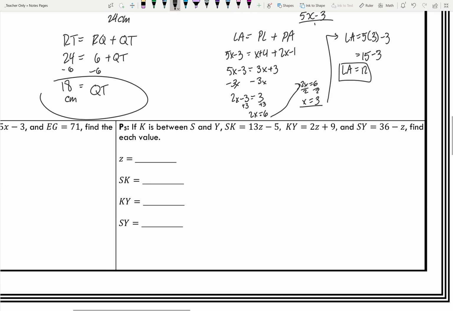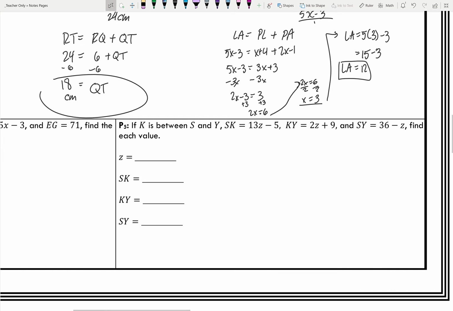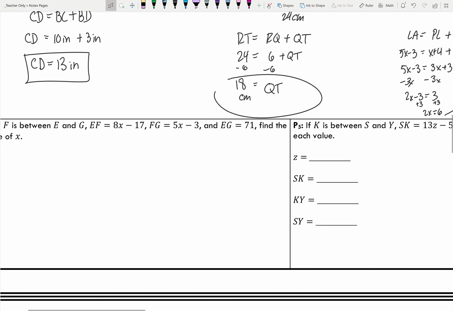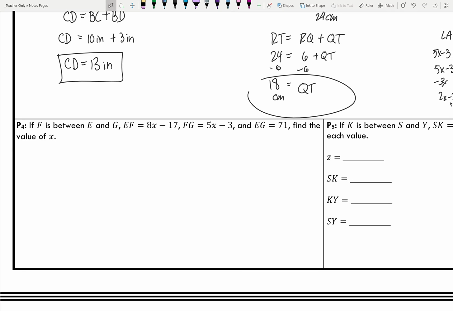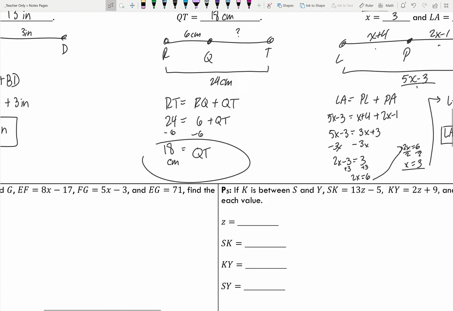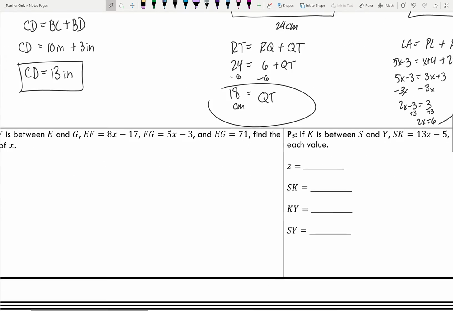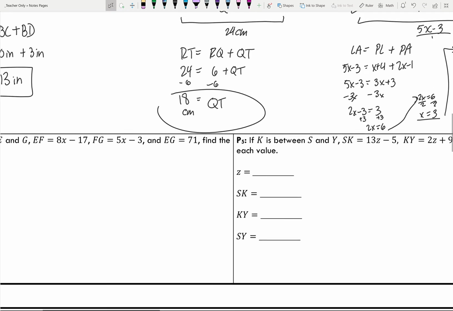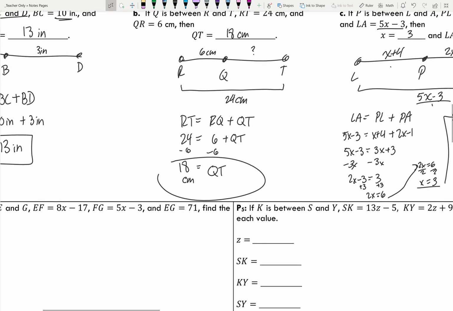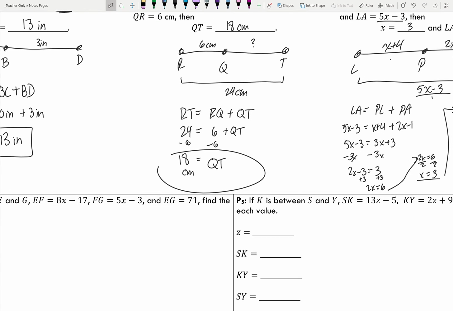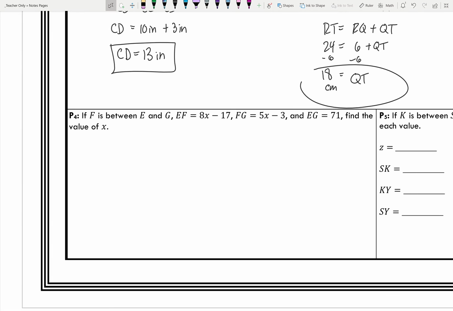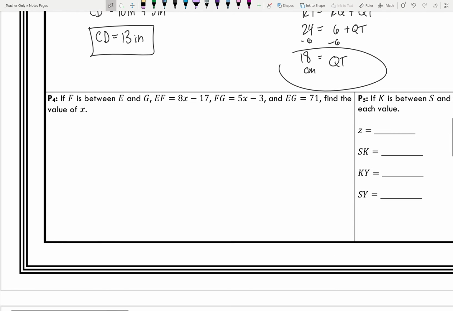Okay, so we have a lot of examples like this. Okay, so P4 is just like P3. I will work it out for you. We didn't do it in class because it was just like the previous one, like part C. But let's go ahead and do it.